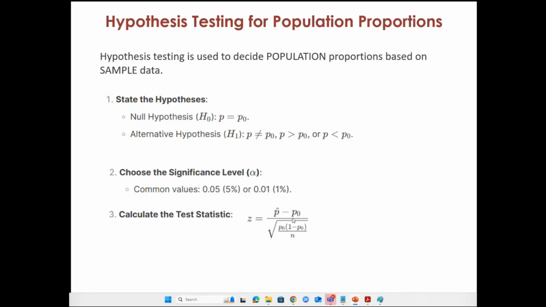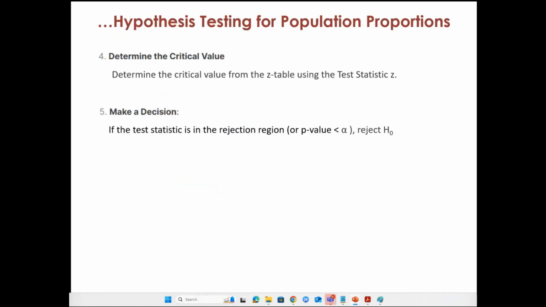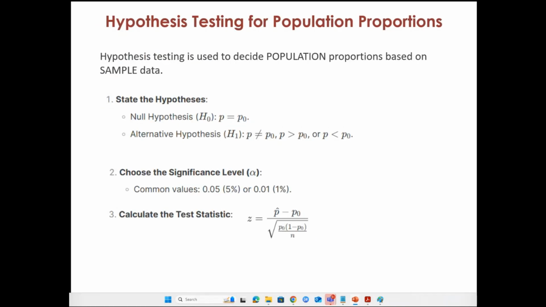And then P0, divided by P0 times 1 minus P0, divided by N. So the P0 is the standard proportion from the population.